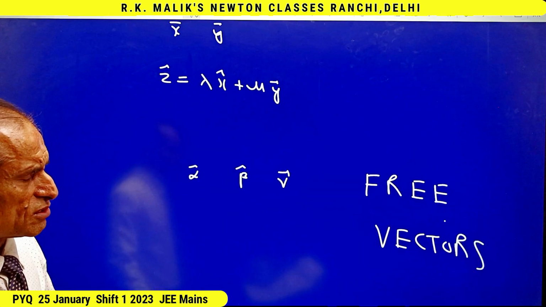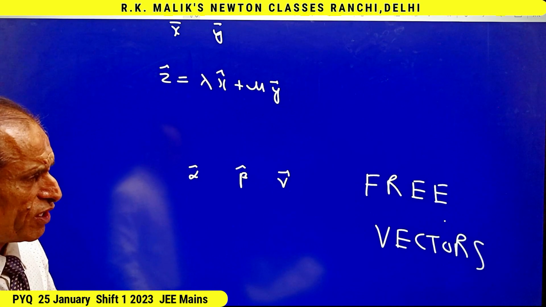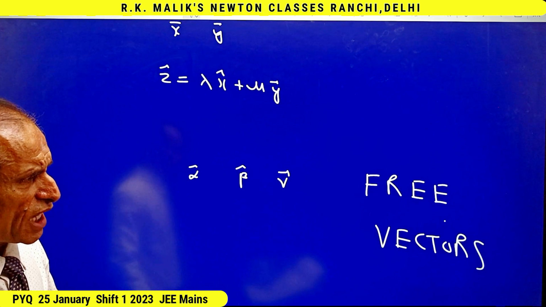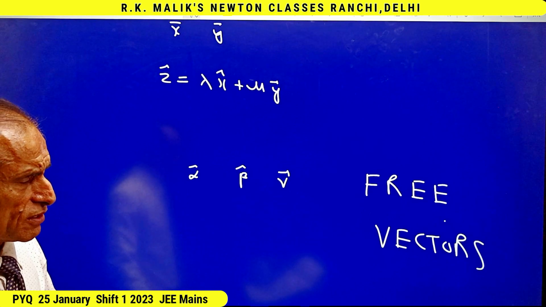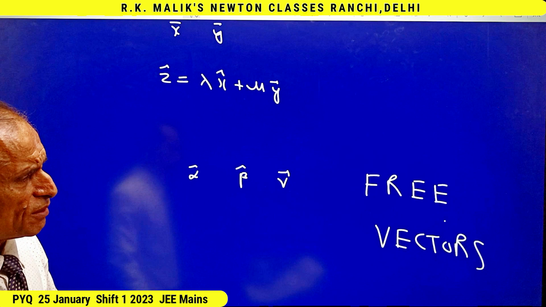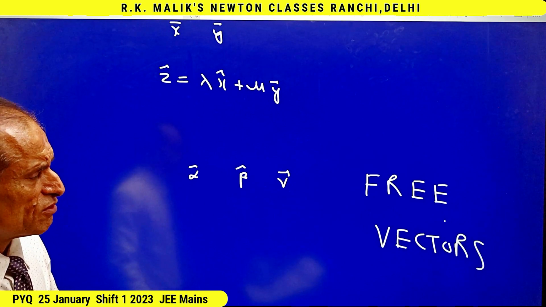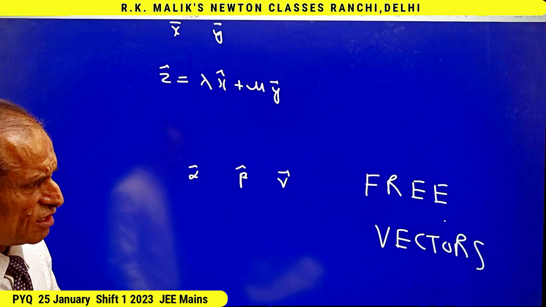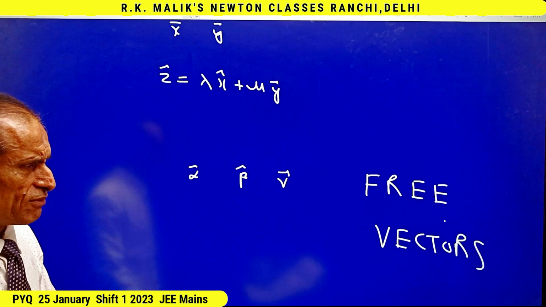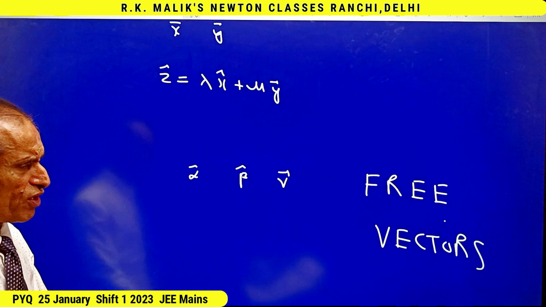And in mathematics of JEE level, we usually have to deal with free vectors only. The other type of vectors are localized vectors. In localized vectors, some other conditions also come, but presently I am dealing with free vectors only, and in most of the questions of JEE level you will be dealing with free vectors only.